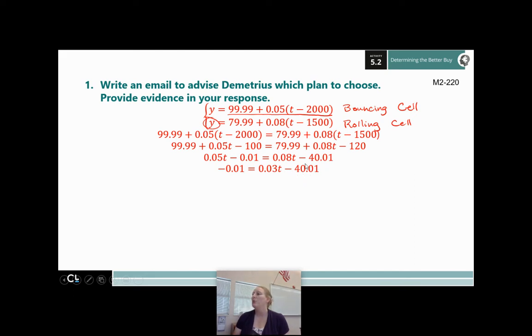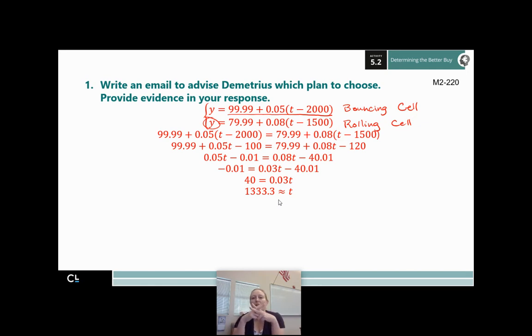So let's move this guy over as well. Let's add 40.01 to the other side, which means I end up with 40 exactly. How convenient was that? And now I'll divide by 0.03, which wasn't convenient. 40 divided by 0.03 gives me 1,333.3s forever. So what does this mean?